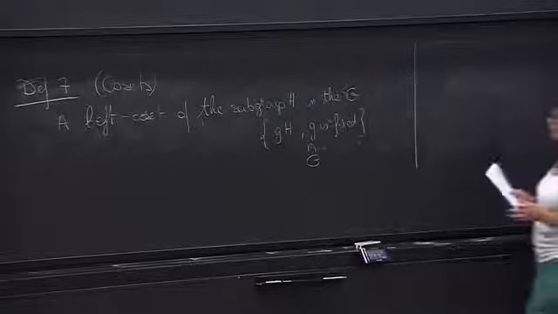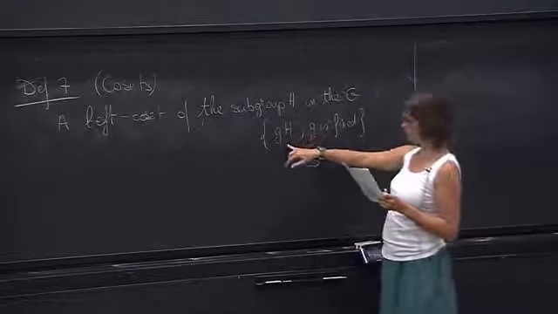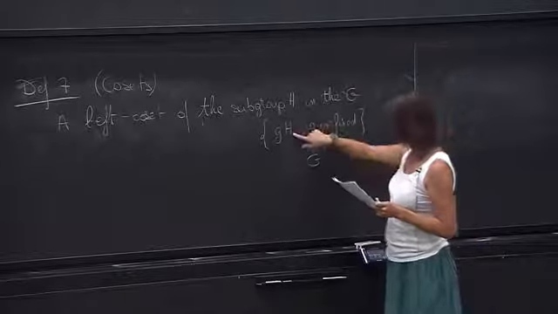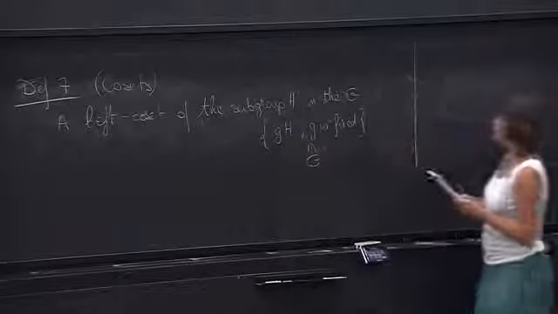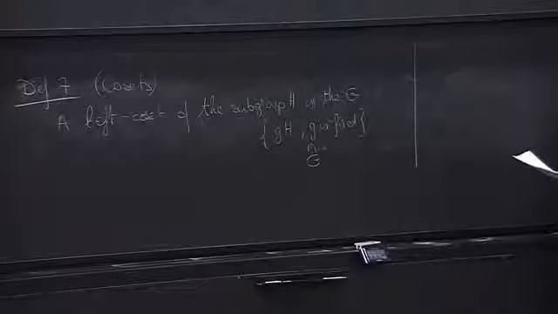So here, it's a left coset, and the action by H is on the right of the G element. And of course you have the same definition for the right coset.